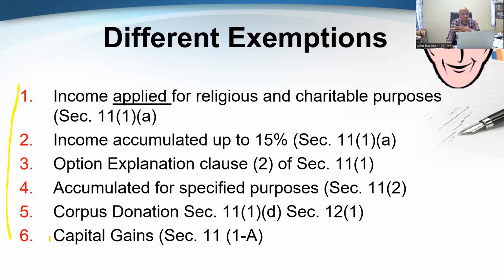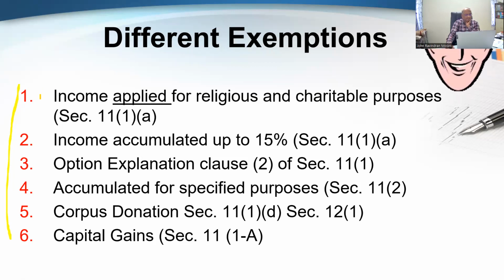The idea of these various exemptions is that when we comply with the law in the correct way, the government does not want us to pay taxes. The idea of the government is not to tax us. Government wants us to get the income and apply it for charitable purposes.